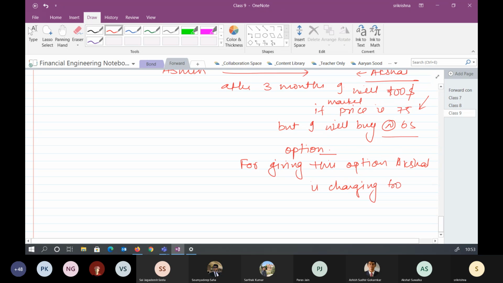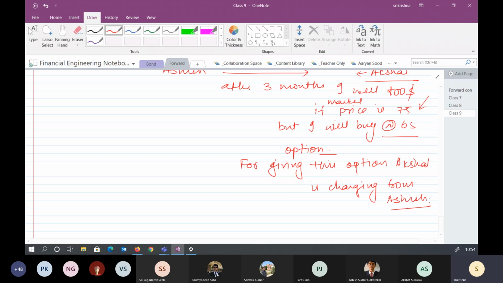How to calculate this amount of money, what should be the option price, is basically this: if I'm giving you an option to buy whether you want or not, and at the predefined price we will sell, Akshat will charge some amount of money from Ashish. This is called the option premium price.